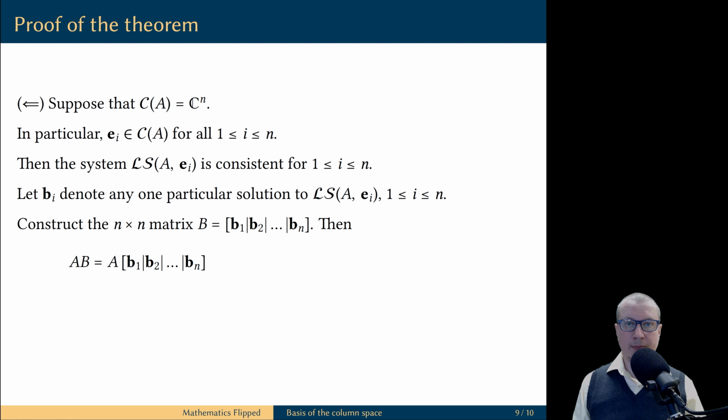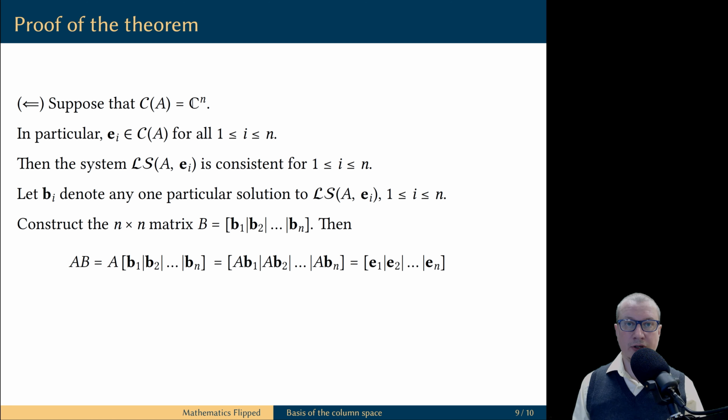Next, let's see what happens when we multiply the matrix A by this newly constructed matrix B. Let's represent the matrix B using its columns, and I will use the definition of the matrix multiplication. The columns of the product matrix are obtained by multiplying the matrix A by the corresponding columns of the matrix B. However, the vector bi is a solution to a linear system with A as the coefficient matrix and ei as a vector of constants.